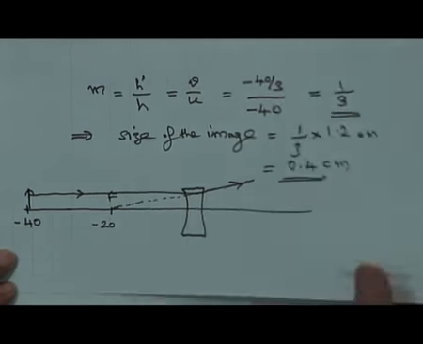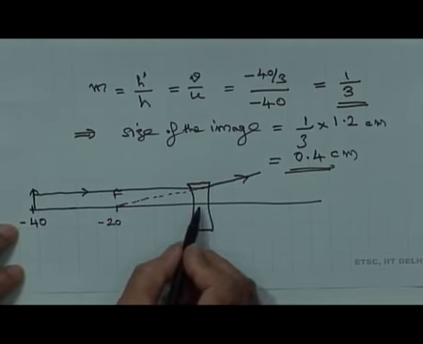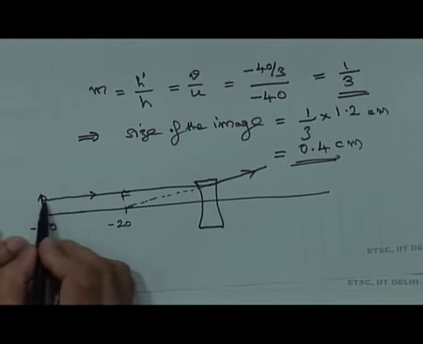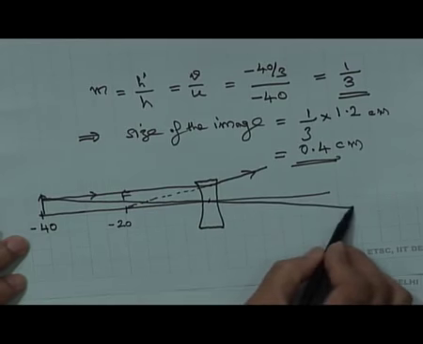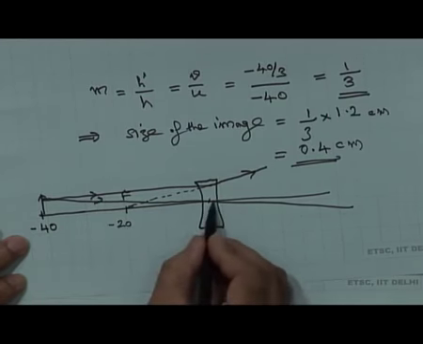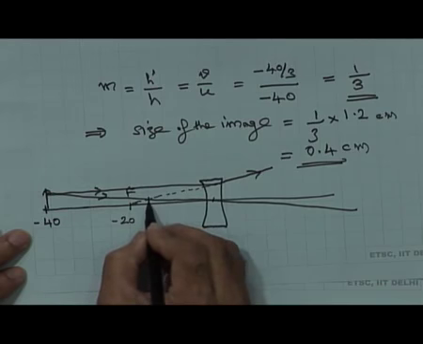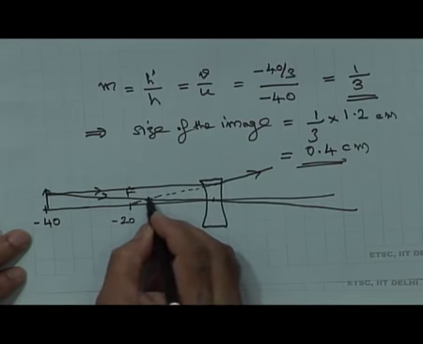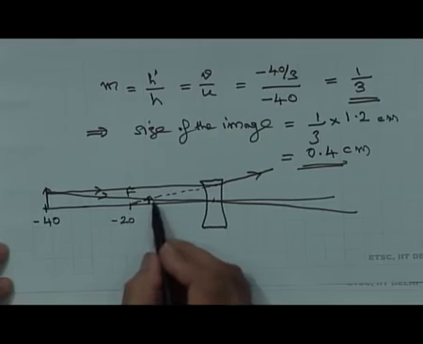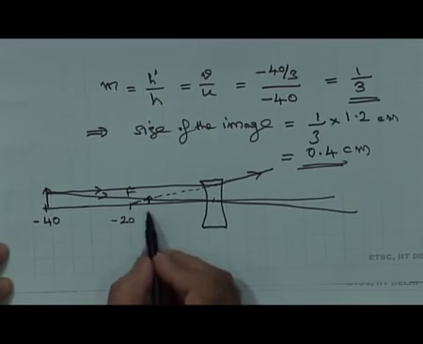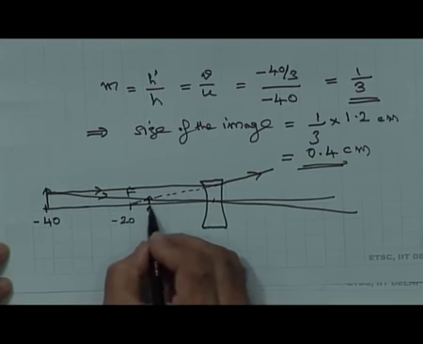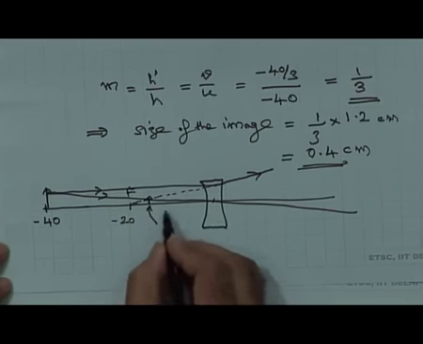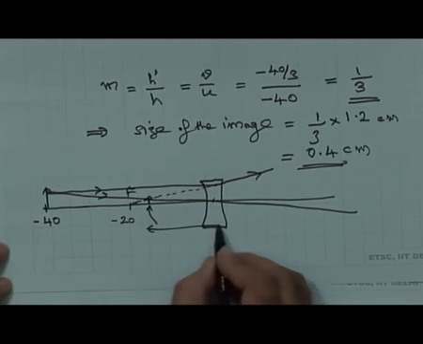What about the second ray? The second ray we can pass from the center here. So the second ray passes through the middle, and the point of intersection is here. When you draw with a scale, it will be very clear. This point is the image distance, from here to here.